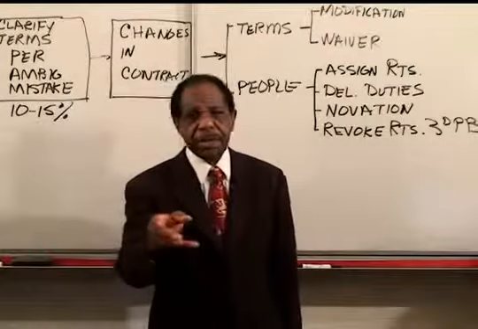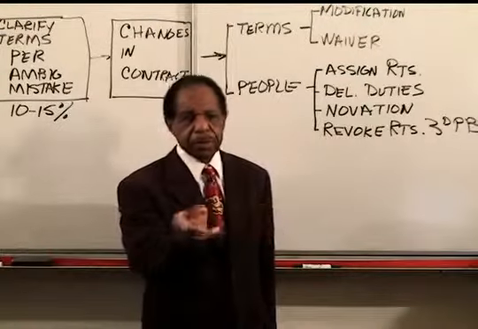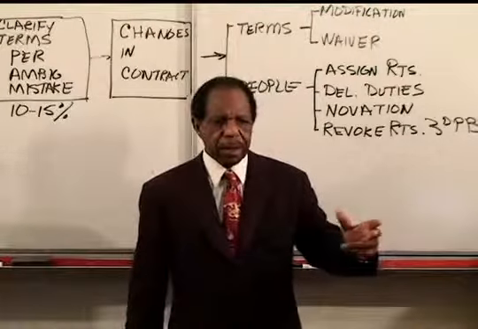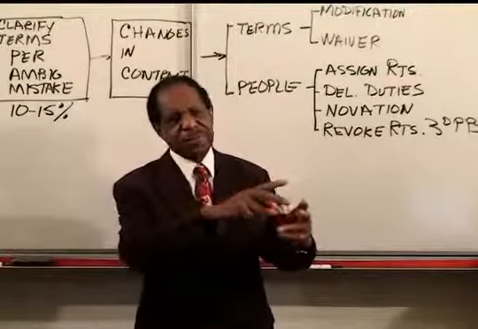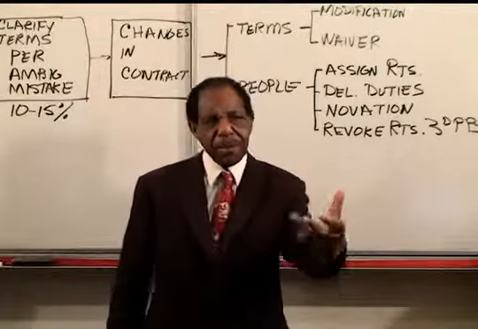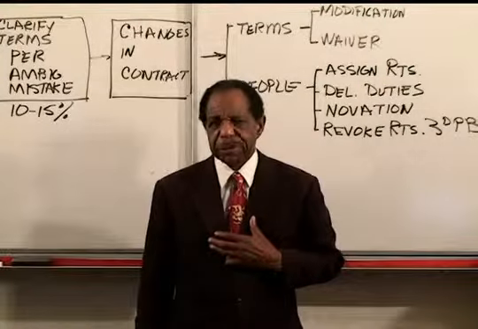Now, you decide that you want to assign your right to buy that car from me to somebody else. You assign it to Mary, with whatever it takes to make the assignment. I'm not dealing with that at the moment. Now Mary has the right to buy the car from me for $100,000.